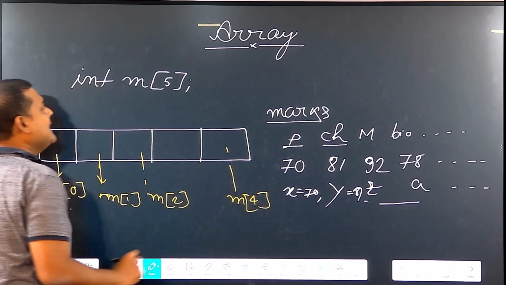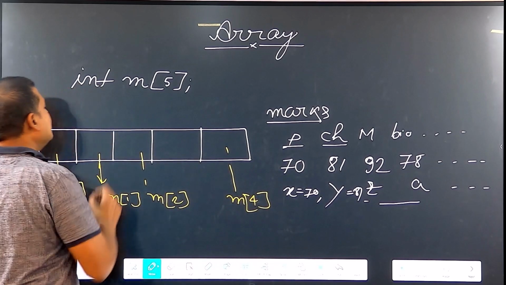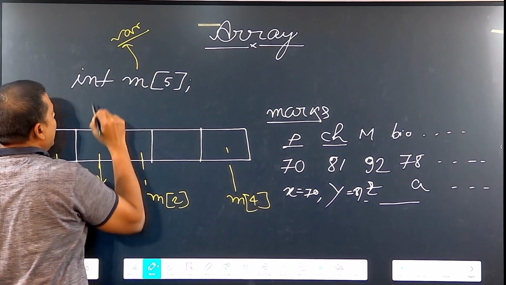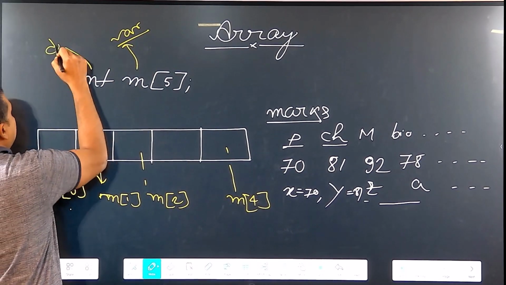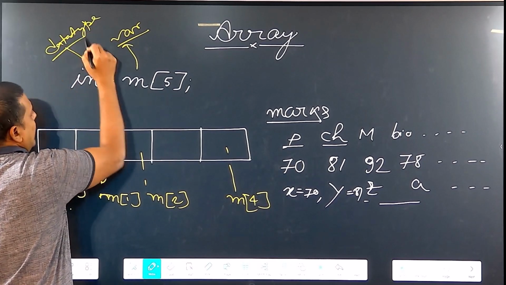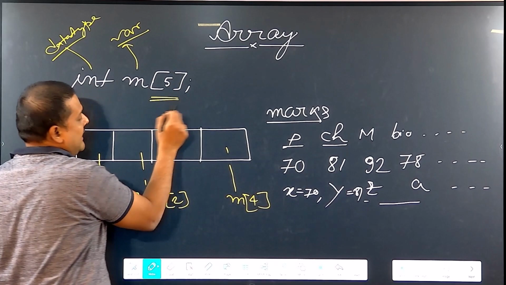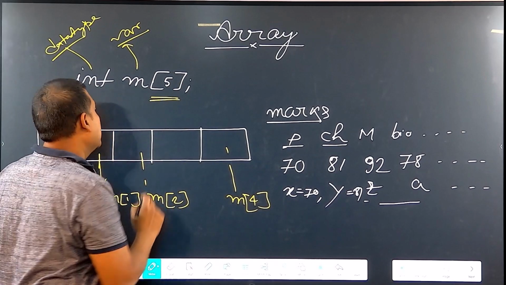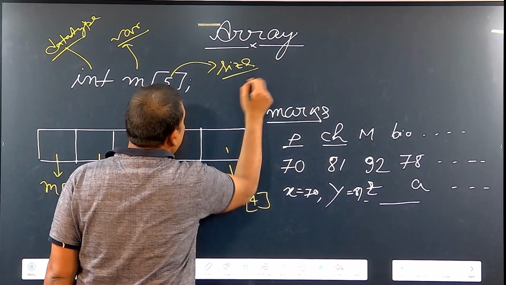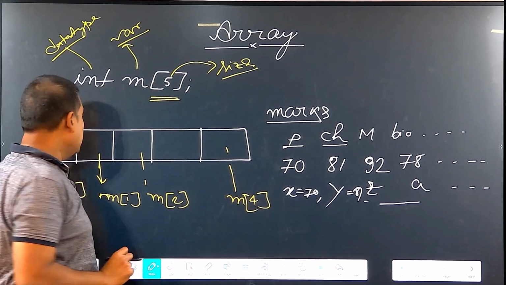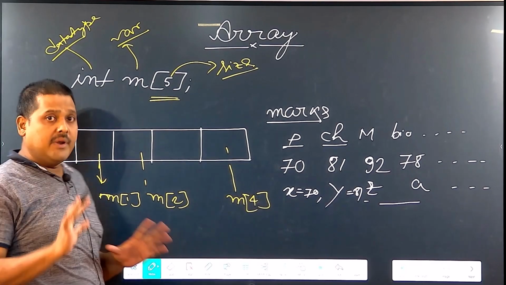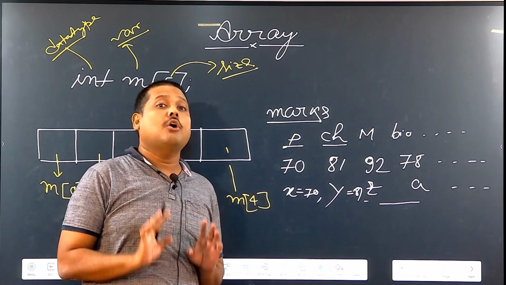So how do we declare an array? We declare an array variable. This is the variable, and this is the data type, and within the third bracket, open and close, हम लोग क्या करेंगे? We will declare the size of the array variable. This array variable can store how many values? 5 values that are of similar type.